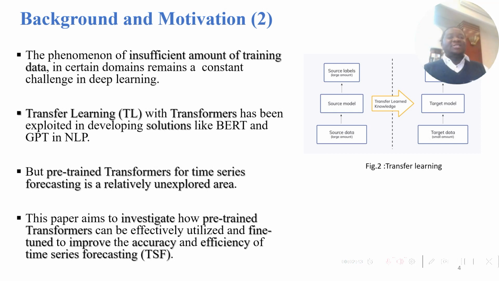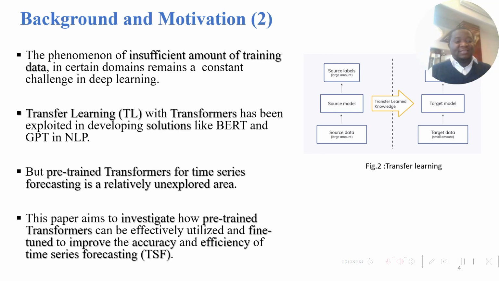I will also touch on the aspect of transfer learning. An insufficient amount of data is a challenge in deep learning, so transfer learning with transformers is being exploited. As I indicated, in natural language processing we have solutions like BERT or GPT.